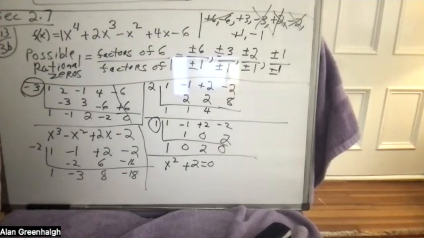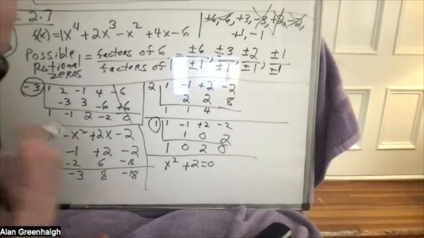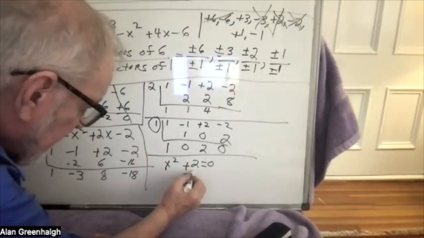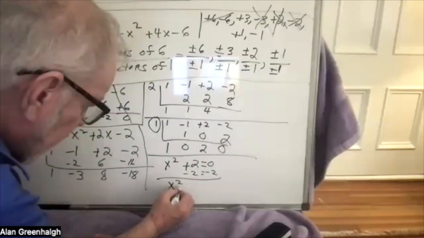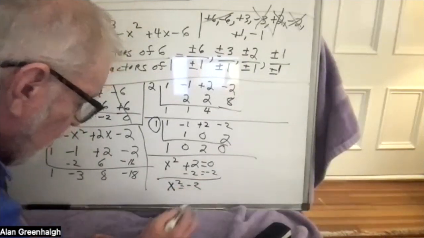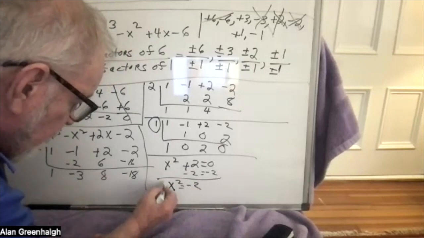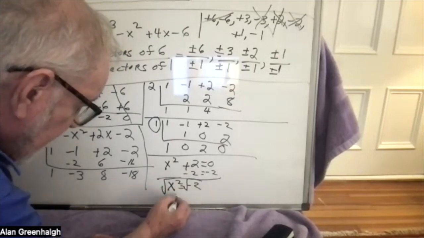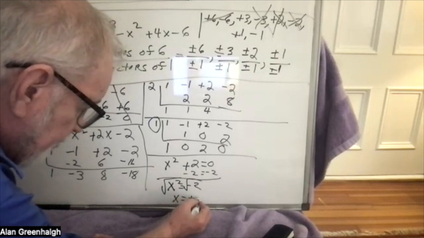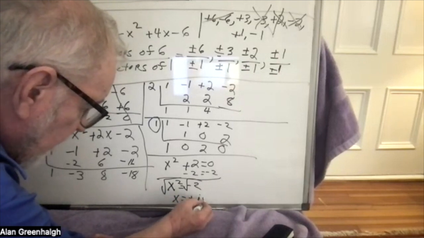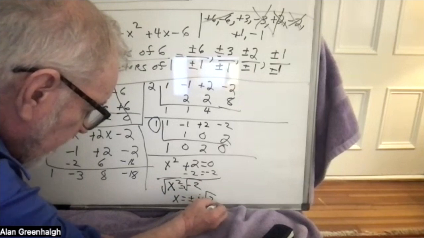They're going to be imaginary, because if we solve this, x squared equals -2. We take the square root of both sides, and x equals plus or minus i times the square root of 2.